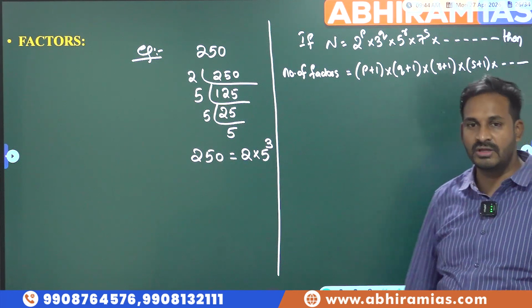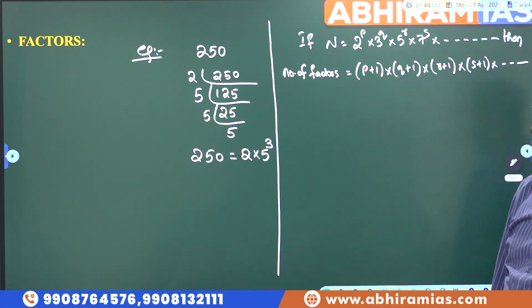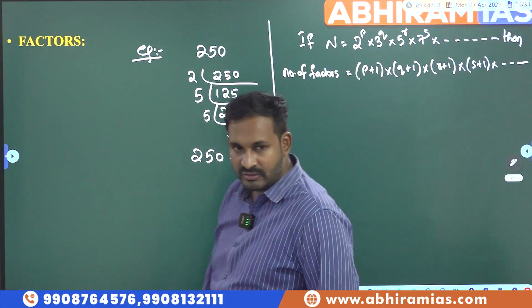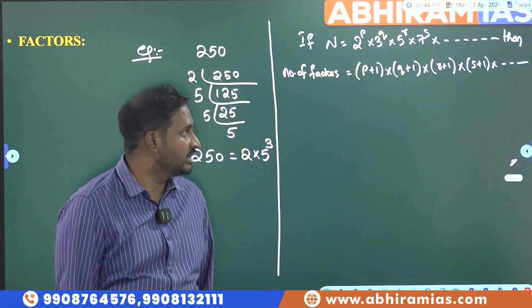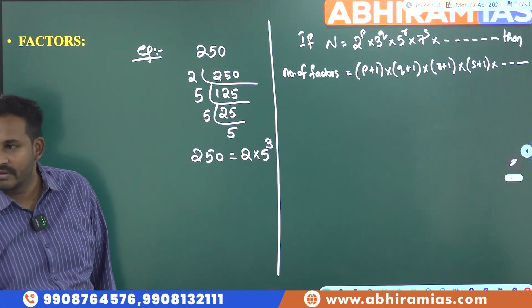You should add 1 to the powers and multiply them. That is how we will find the total number of factors.